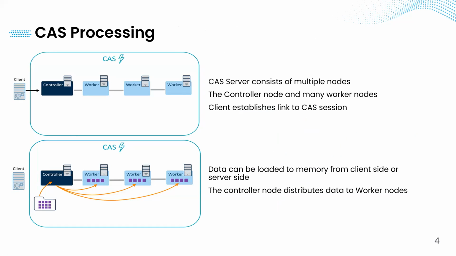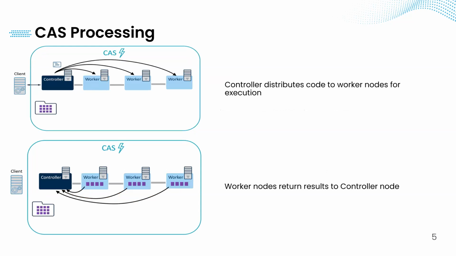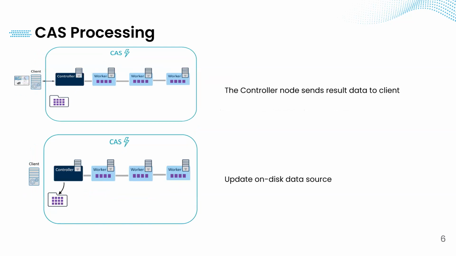The controller node distributes the data across the various nodes. The controller then also distributes the code to the worker nodes for execution. They will return results to the controller node, and the controller node sends the result data back to the client, and you can then update the data source on disk. So that's kind of the paradigm for it, really.